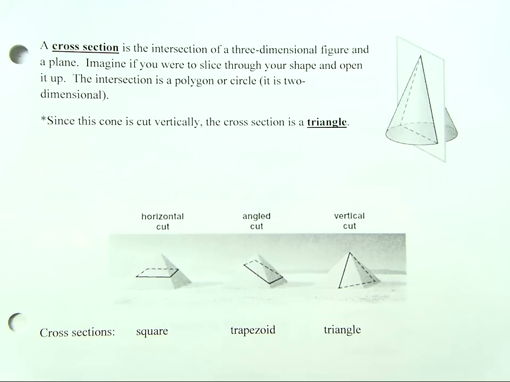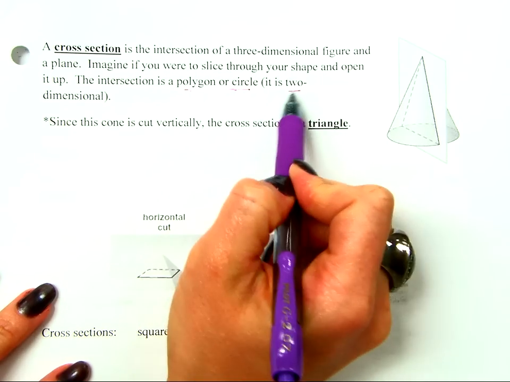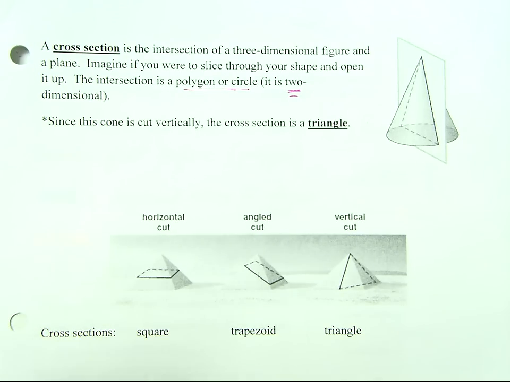The next thing that is mentioned is a cross section. A cross section is the intersection of a three-dimensional figure and a plane. It says imagine if you were to slice through your shape and open it up. The intersection is a polygon or a circle. So the cross section is two-dimensional. It's a flat figure.